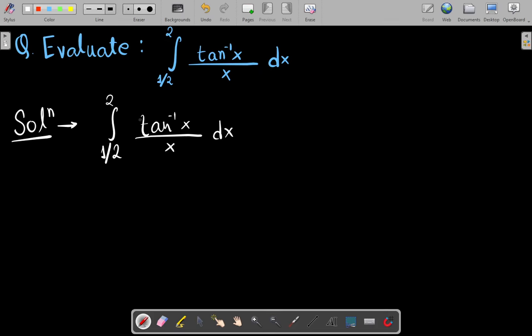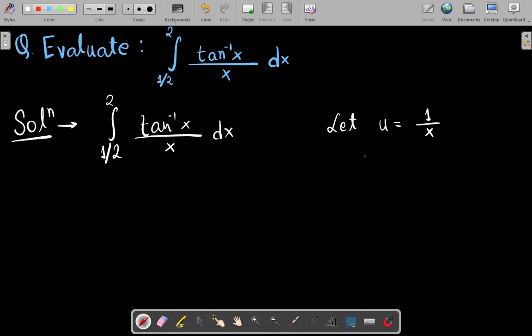If you look carefully at the limits, half and 2 are reciprocals of each other, right? So in my opinion, the best substitution is u equal to 1 by x. Instead of taking tan inverse x, I'm just taking 1 by x.